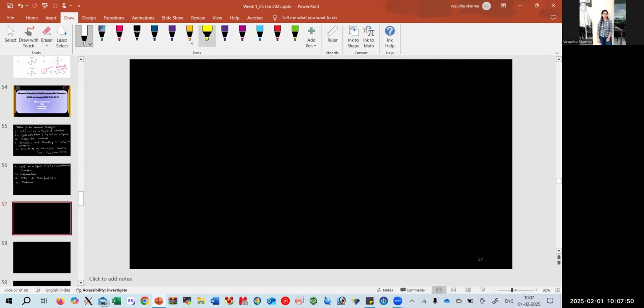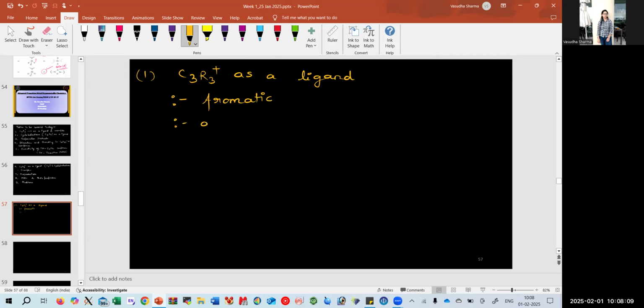So you already know that. First is C3R3 positive as a ligand. This particular ligand is aromatic in nature, as it obeys Huckel's rule, 4n+2 pi electrons, where n equals 0, so the total becomes 2 electrons.